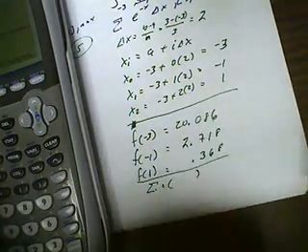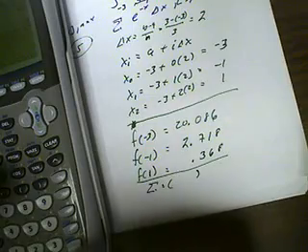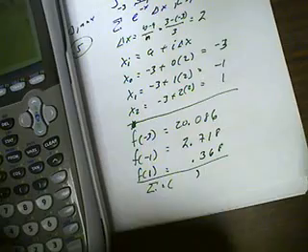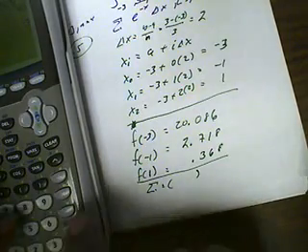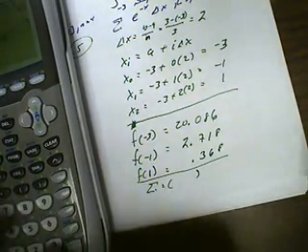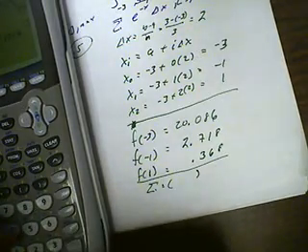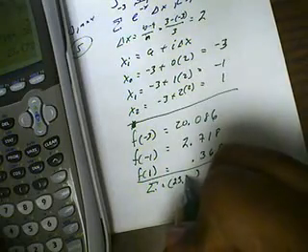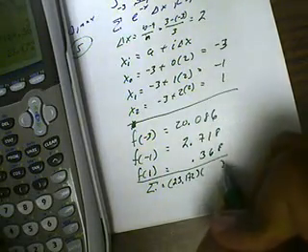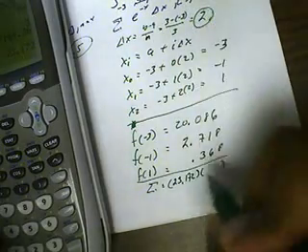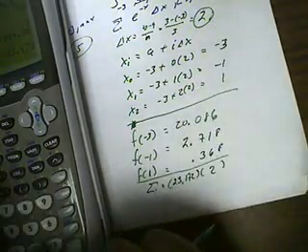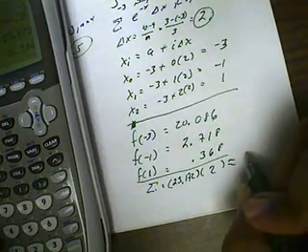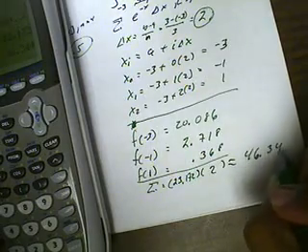The sum of this will be 20.086 plus 2.718 plus 0.368 gives me 23.172, and then multiply it times my base, which is 2, so times 2. That gives me an approximate area of 46.344.